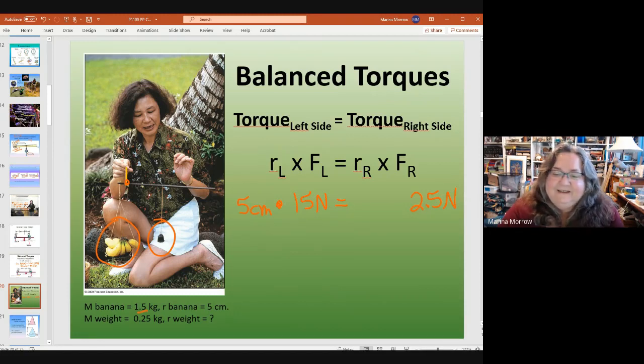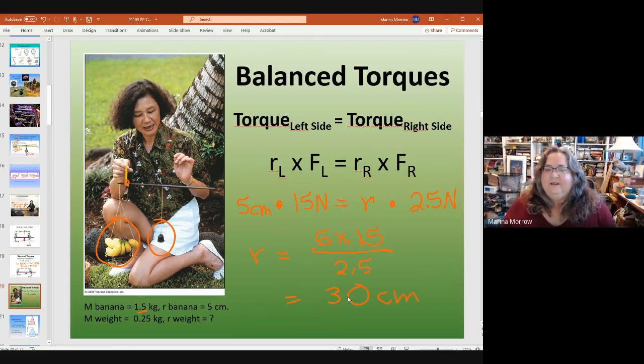So what is the missing distance on the right side? I'm going to solve for R: 5 times 15 divided by 2.5. 2.5 will go into 5 2 times, so I would end up with 30 centimeters, right?